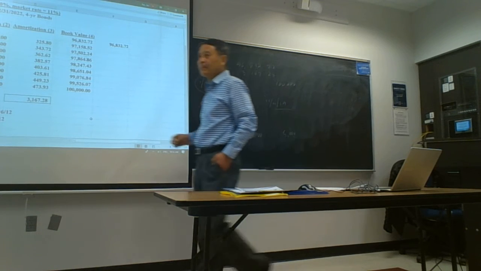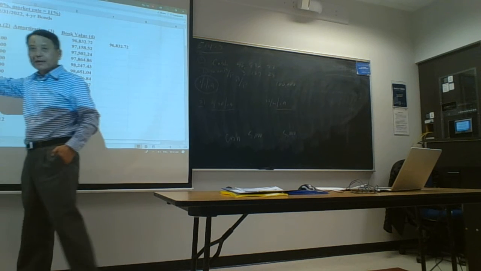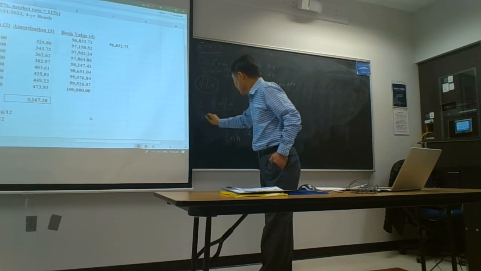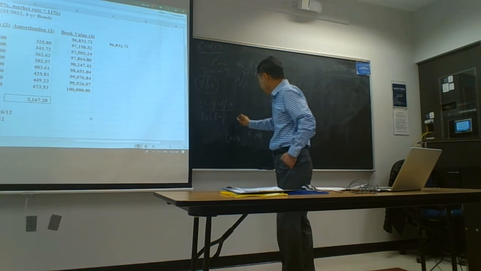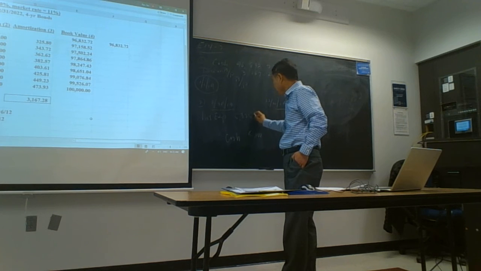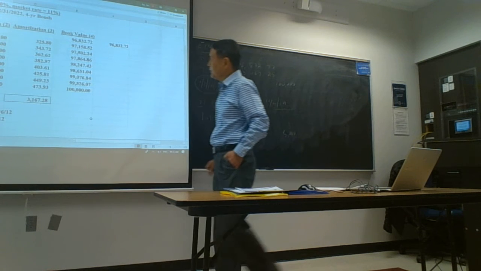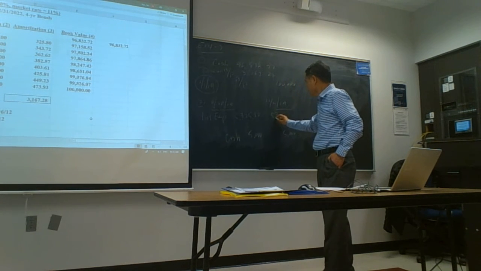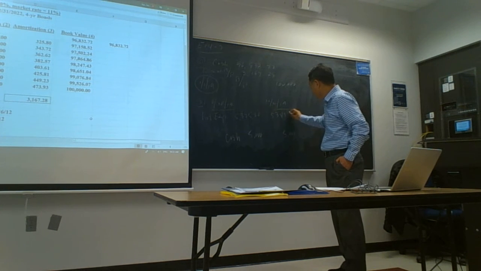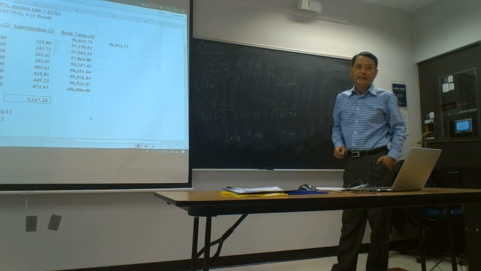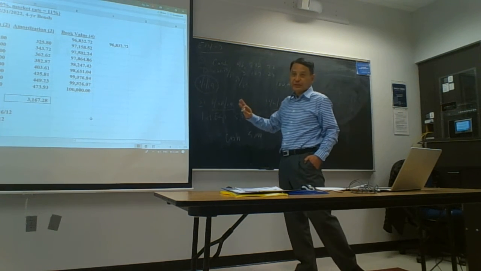And interest expense, 5,325 and 5,343, right? So debit interest expense 5,325.28 and 5,343.72. Okay, interest expense on debit, and amortization.